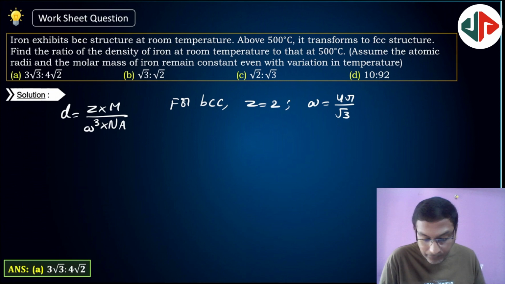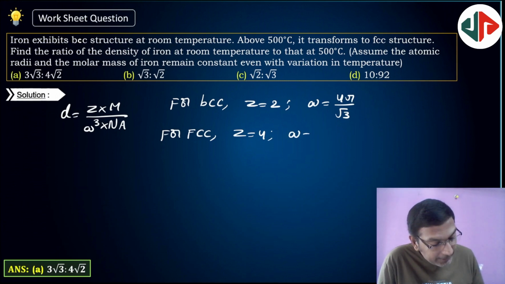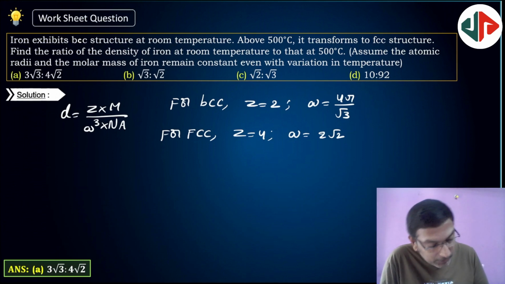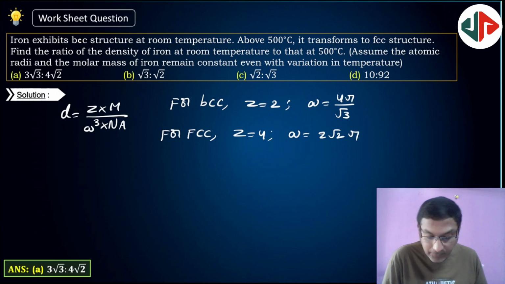Next, for FCC, Z equal to 4, effective number of atoms 4, and A equal to 2 root 2 R. So therefore, ratio of density.